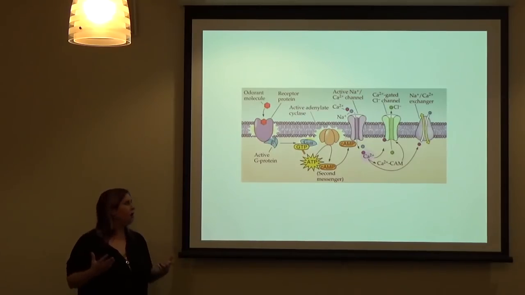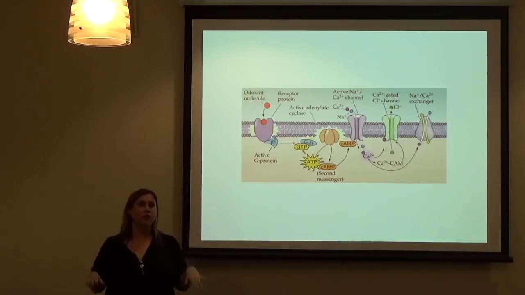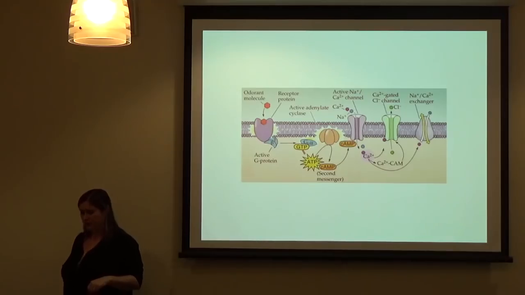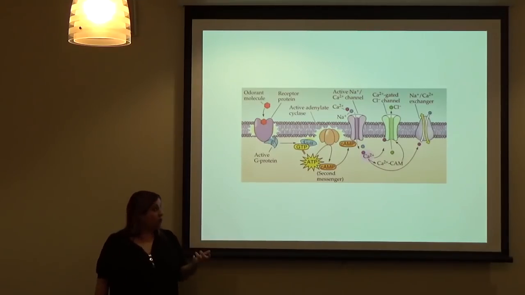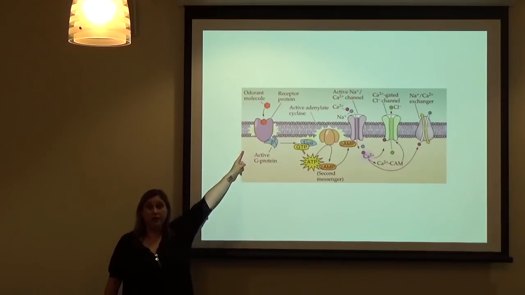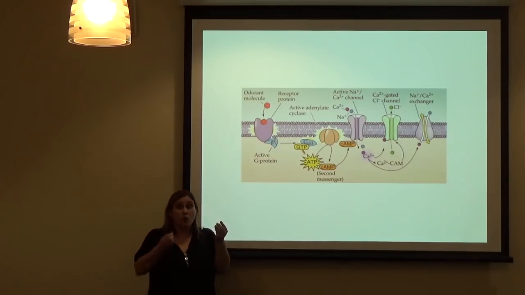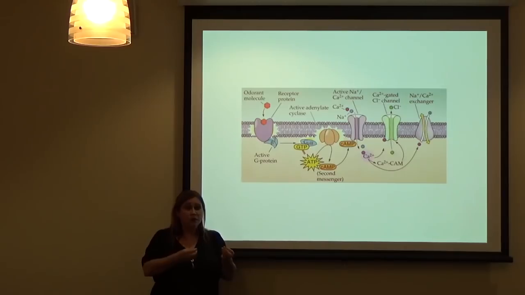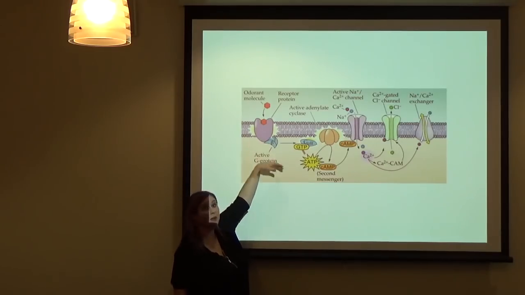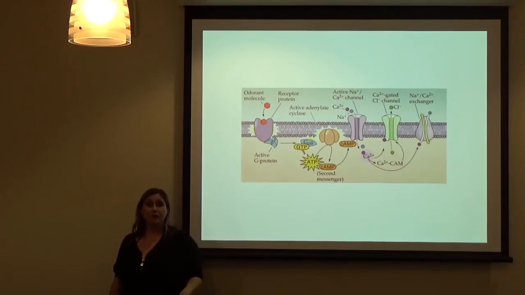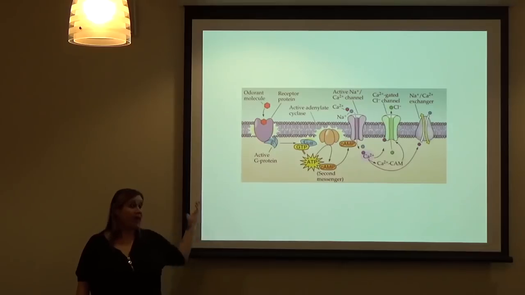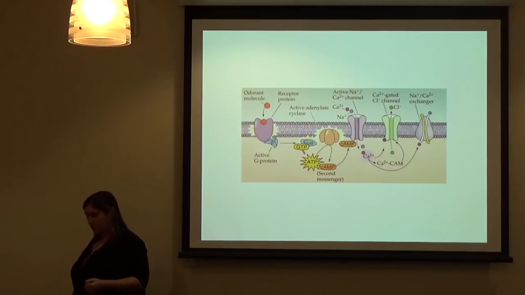But there are other mechanisms too, and you don't have to learn them for the purposes of this class. What you do have to know is that regardless of what the odorant molecule is, it is an actual molecule of that thing. So if you smell poop, it's little poop molecules going up into your nose, binding to the receptors, and then causing a metabotropic process to happen that excites those cells.